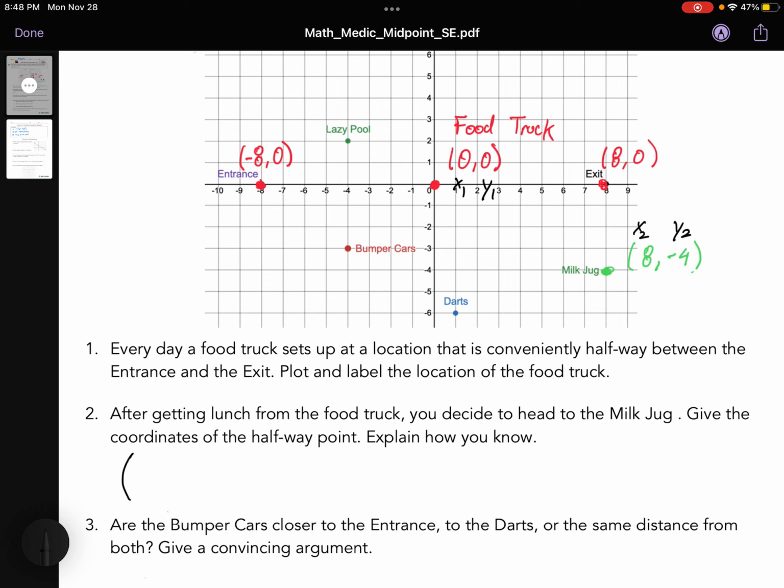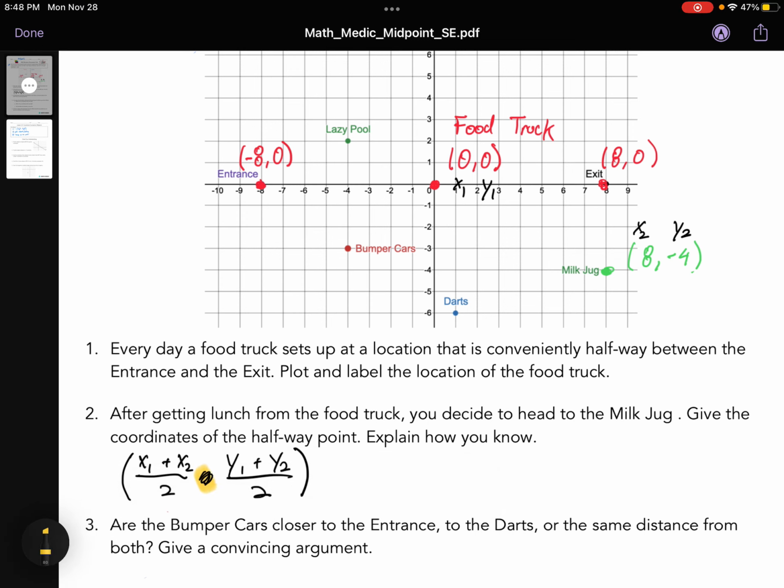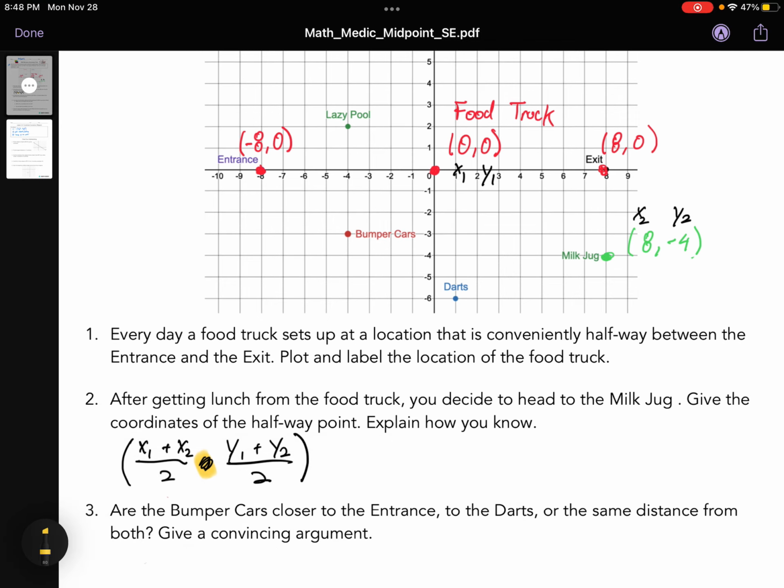The midpoint formula is x1 plus x2 divided by 2, comma, y1 plus y2 divided by 2. Please do not get confused by that comma. We don't do anything with the comma. It is just a separator between the two values.